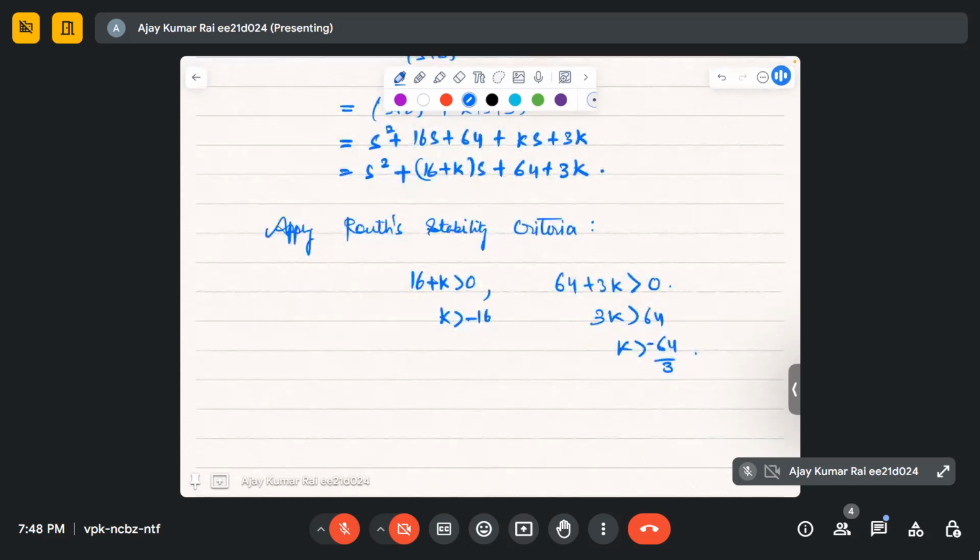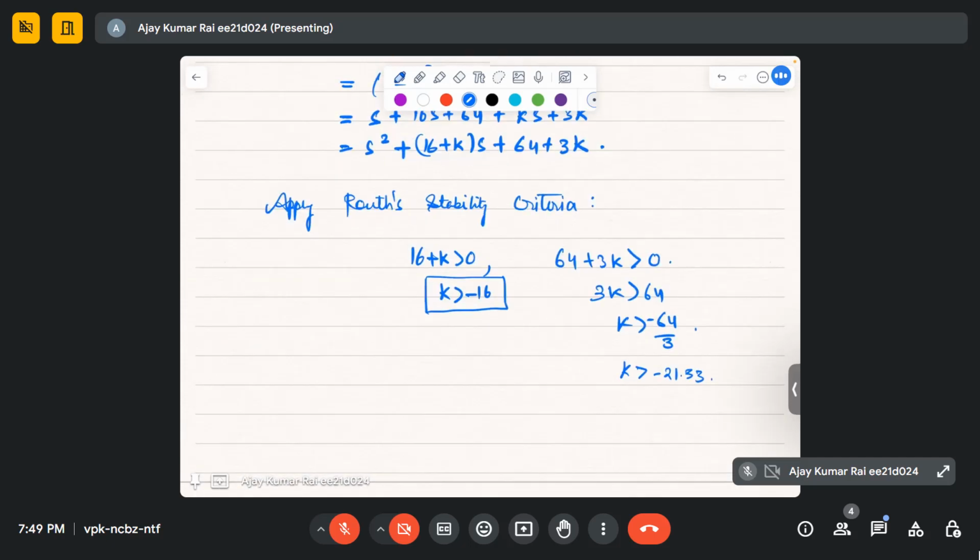Can you tell me? 64 by 3 is 21.33. So that means we have to take this value. k is greater than minus 16; we ensure this, we are fine.